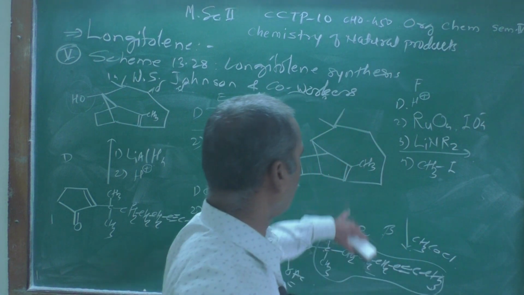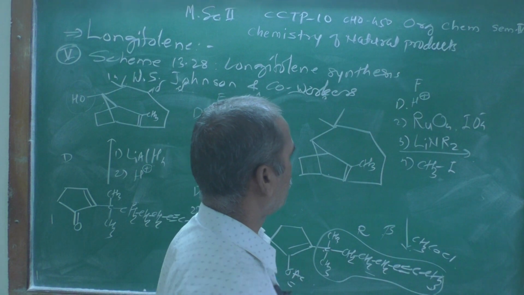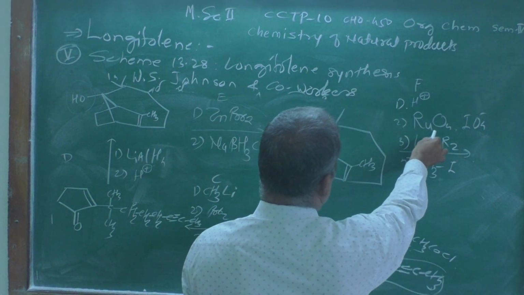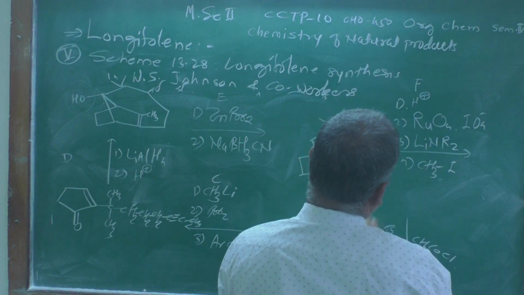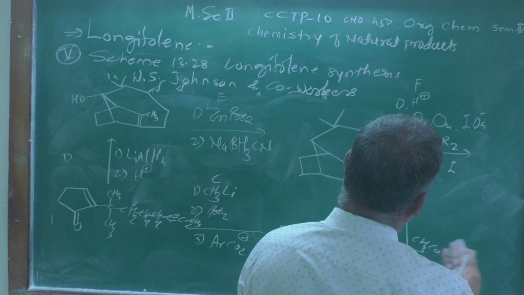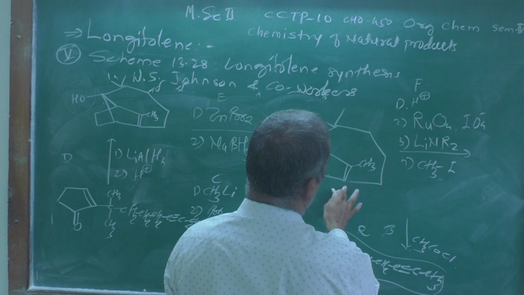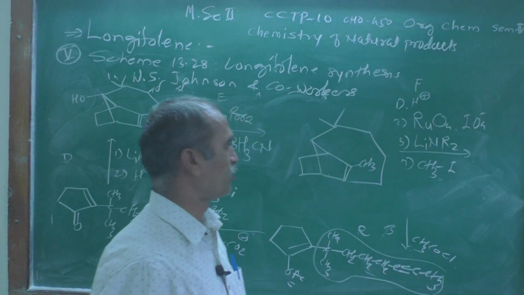So selectively we can introduce, but while adding all these reagents, with H plus a positive charge is formed, which reductively removes that methyl group. Then the lithium LDA type of strong base will abstract the proton from here, forming a carbanion, and that is going to attack the methyl group.